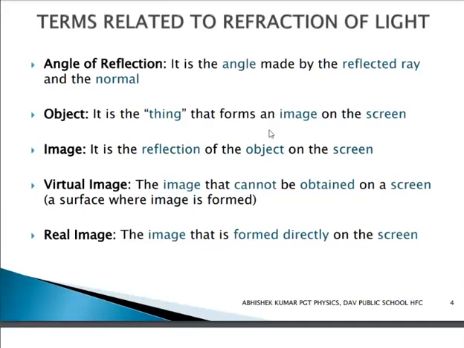On the other hand, a virtual or imaginary image is the image that cannot be obtained on the screen, and such an image is formed not by actual intersection of the incident ray and reflected ray. Instead, it is formed by virtual intersection of the incident ray and reflected ray.